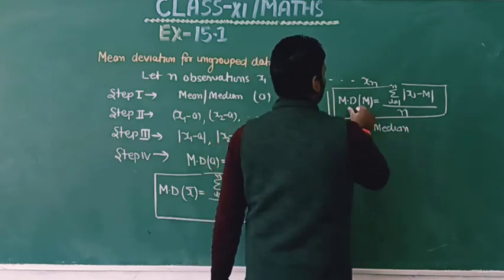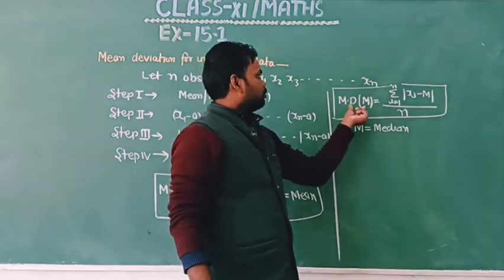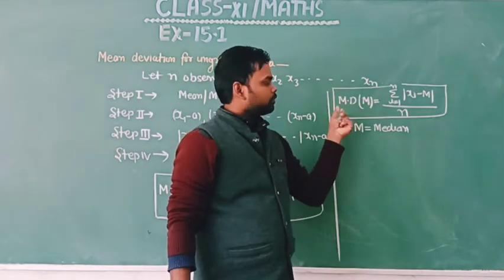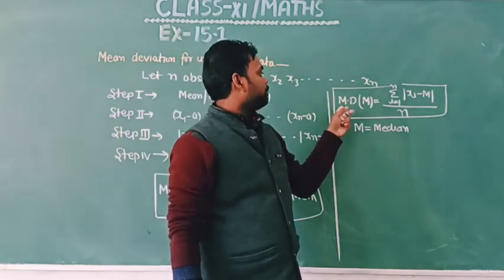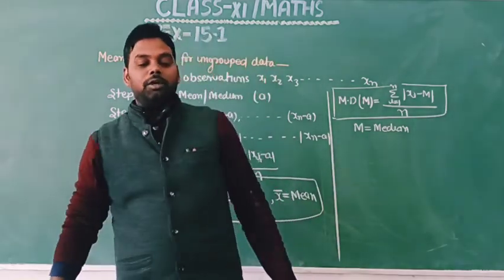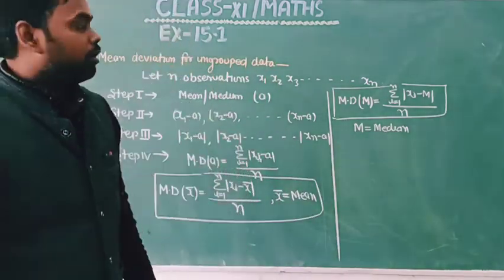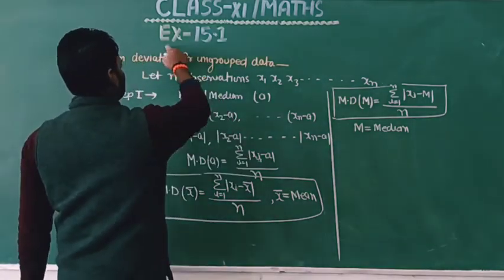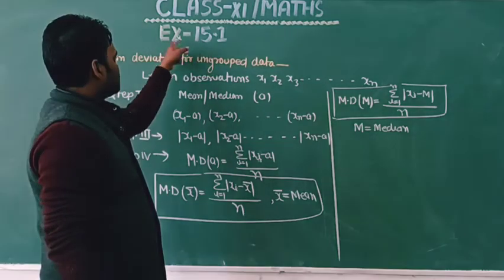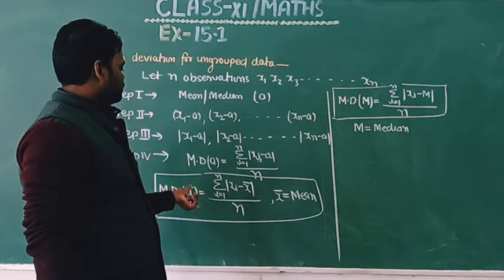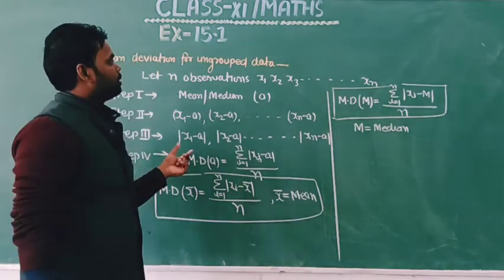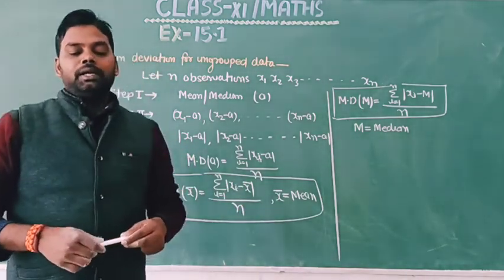By using this formula we calculate mean deviation about median. Now let us move on to Exercise 15.1, which we solve using these formulas for ungrouped data.